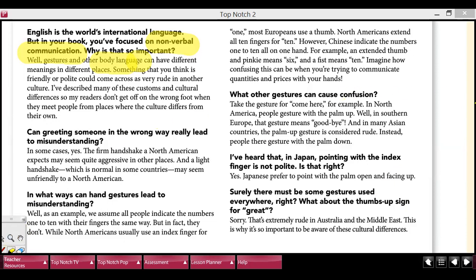Something that you think is friendly or polite could come across as very rude in another culture. Okay, good.